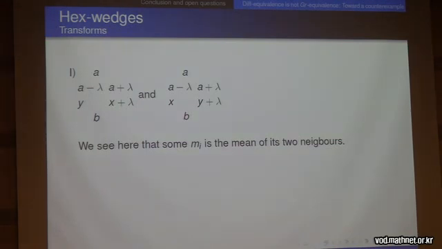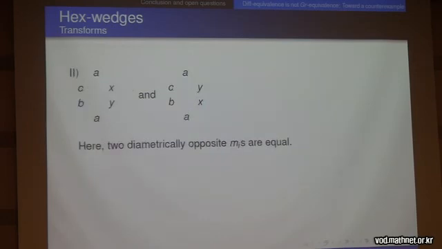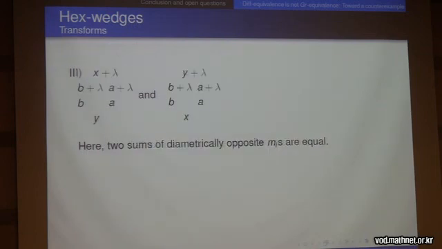linear relations among the Mi. Here you see that the top Mi is the mean of its neighbors. Here you see that two Mi's, top and bottom, are the same. Here the sums of two opposite Mi's are equal.